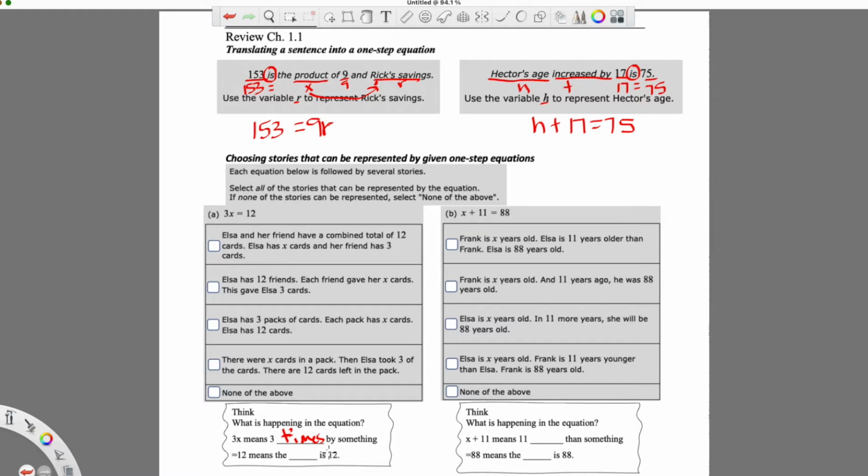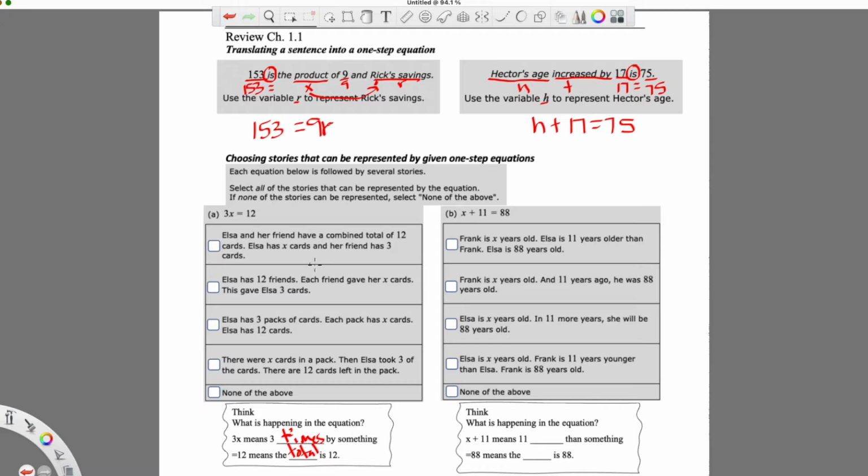X is something, I'm not sure what yet. Equals 12 means that the total is 12. So I'm multiplying something by 3 and getting a total of 12. Those are the words I want to look for in my stories.